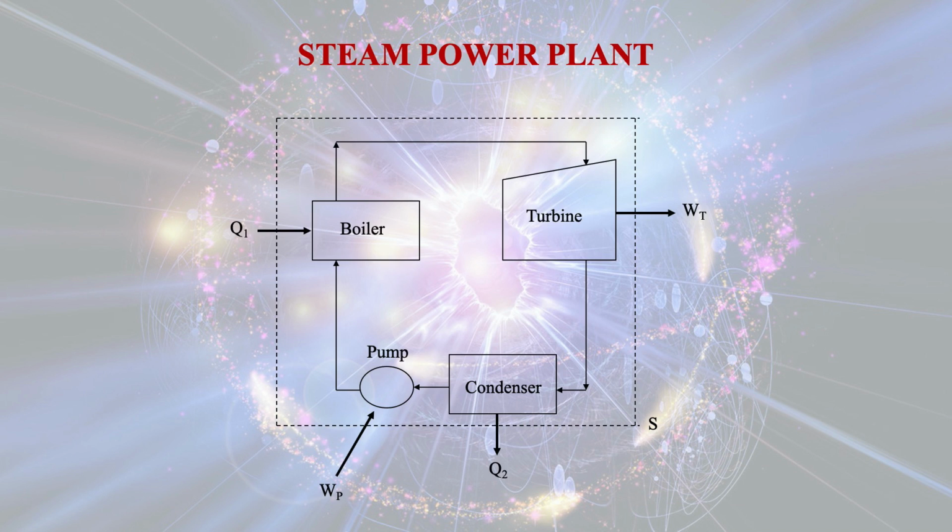Now this is a diagram for the steam power plant. You see there is a boiler, where coal is burnt and steam is generated. That high pressure, high temperature steam enters the turbine. The turbine shaft rotates, and the shaft of the turbine is coupled with the shaft of the generator, which produces electricity.